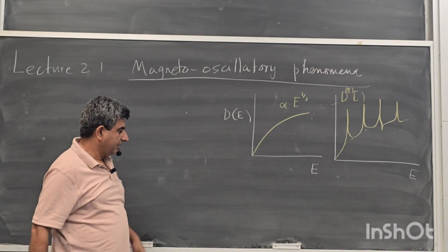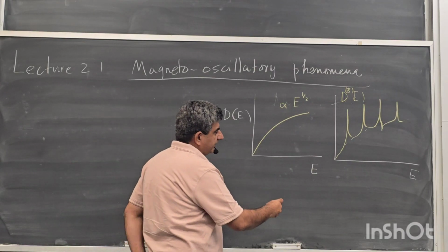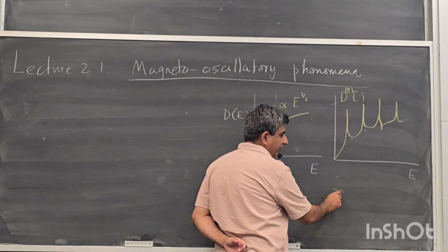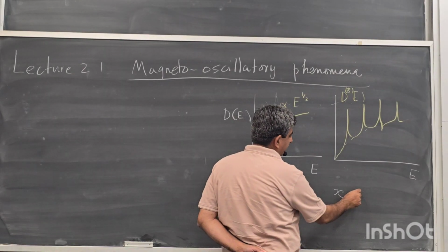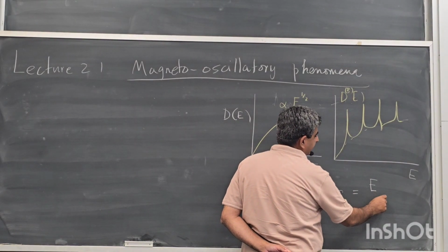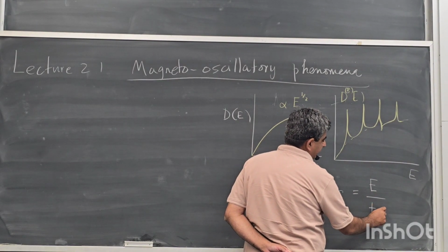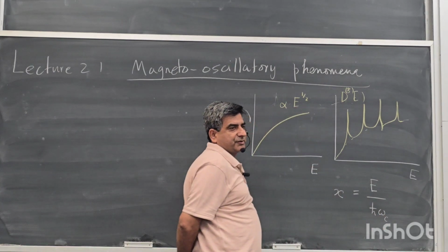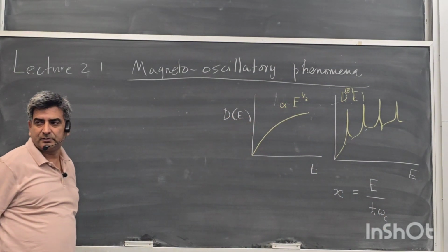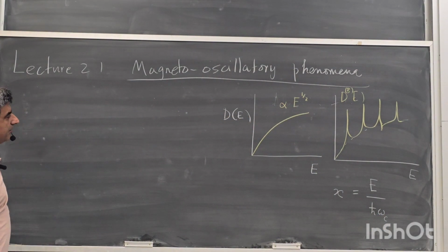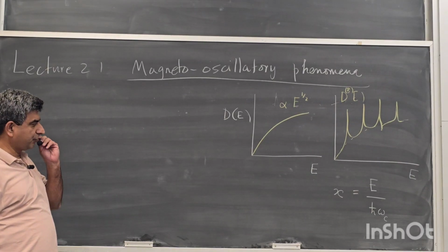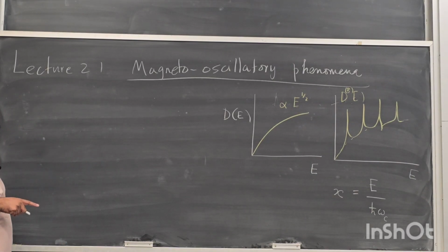Correct? We also rescaled the energy and wrote this down in terms of x, where x is the energy divided by Planck's constant times the cyclotron frequency. And we were able to write down these densities of states in terms of x.